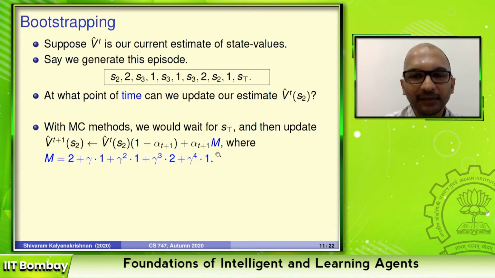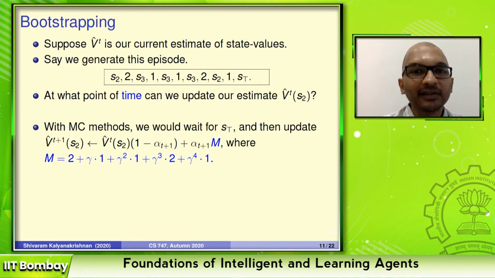On the previous slide, I think we wrote this as G, but for the reason that this is the Monte Carlo way of doing it, I'm going to call this long-term reward that you got from this episode as M. So this is nothing different from what we have done so far. We wait for the episode to end, take the episodic reward M, and then change our update to be 1 minus alpha times what it was plus alpha times the new thing.